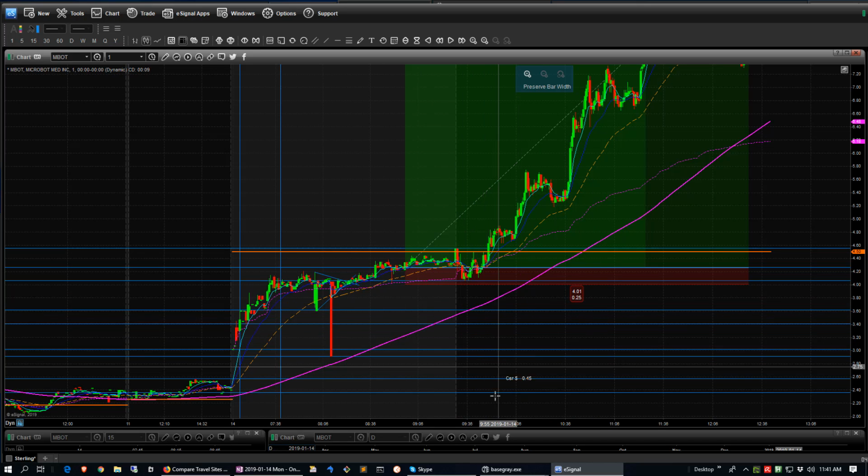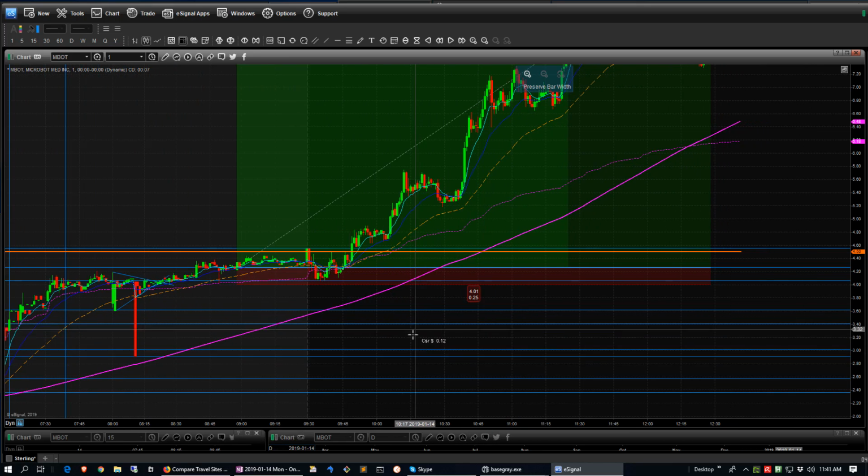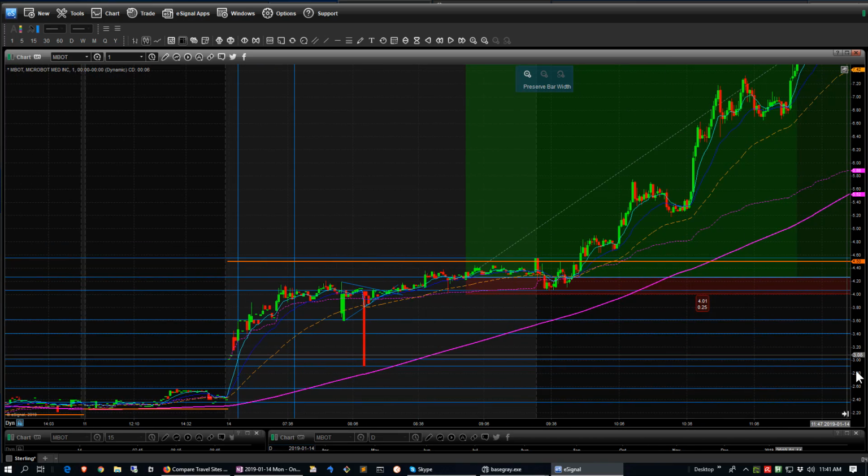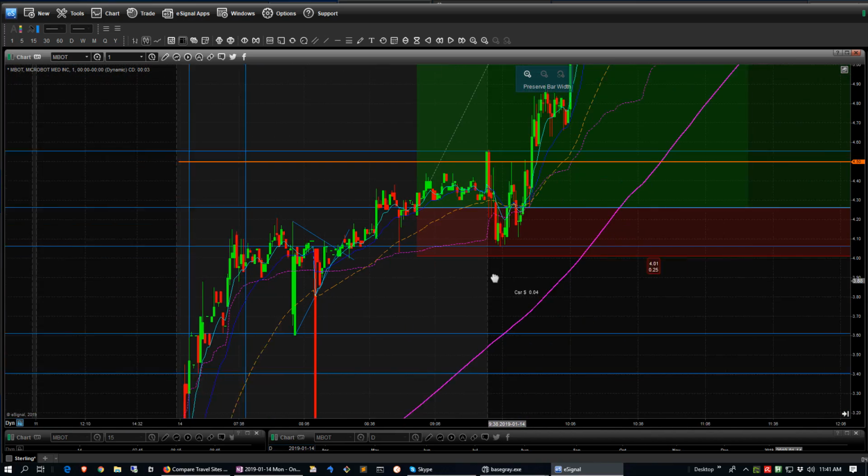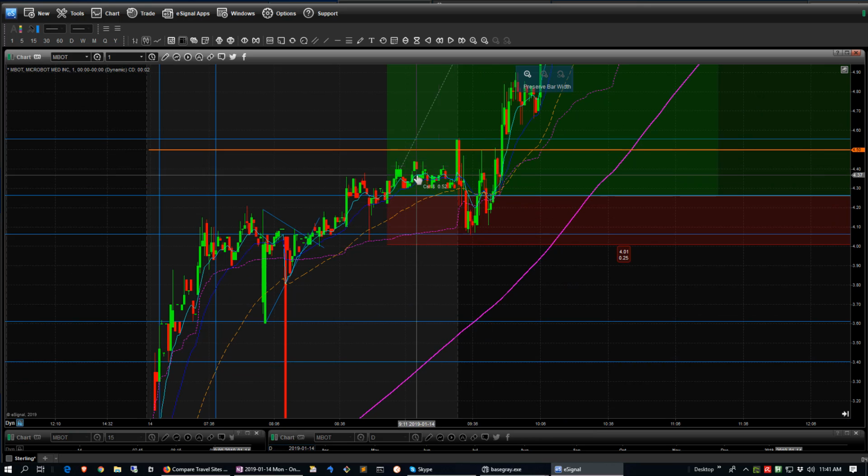Okay, so now here's what happens. The market opens right here. Here's the market open right here. It was going up. It dumped down to where? It dumped down to around this level here.